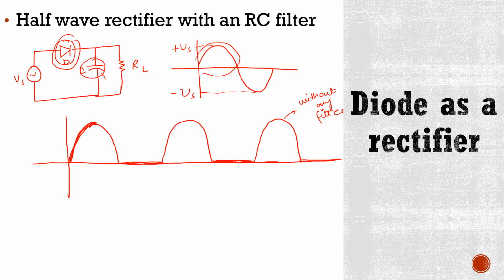So during this non-conduction period, the input voltage is less than that of capacitor. So the capacitor discharges all the stored charges through this load resistor RL. This prevents the output load voltage from falling to zero.